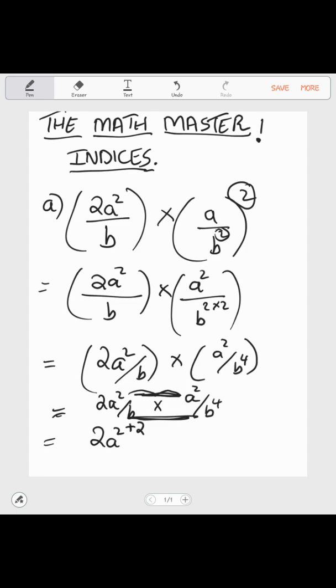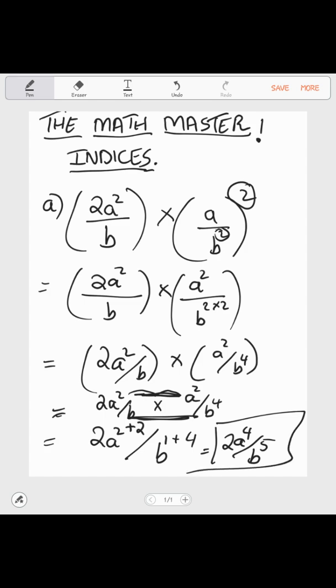Because this is the first law of indices: the powers get added when the bases are the same and are being multiplied. So same is the case with b. B power 1, meaning 1, plus 4, which will give you the answer 2a power 4 over b to the power 5. This is your answer.